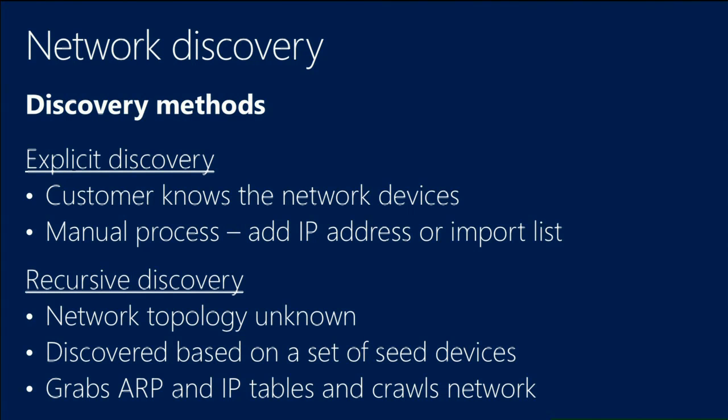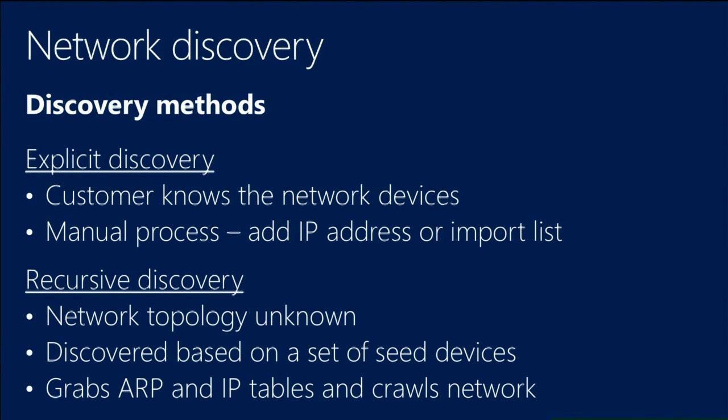So the IP address, the SNMP read string, you do that for all the devices you want to add, import a list, type them by hand, but you explicitly give the information to Operations Manager, and it will traverse through your list, add all the devices, and you're good. Now that's fine if you know all the information, you want to control that process, add the devices that you really want to monitor, you might want to use explicit discovery. But you could certainly also opt in for recursive discovery.